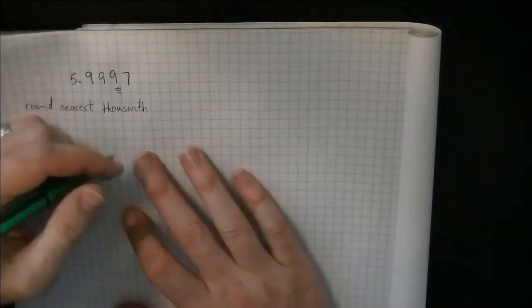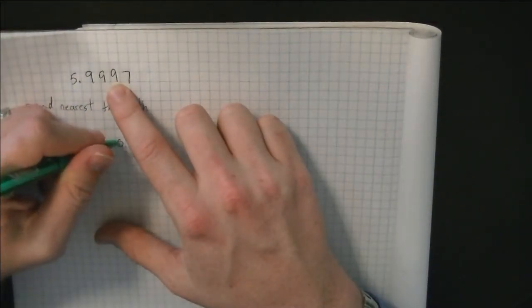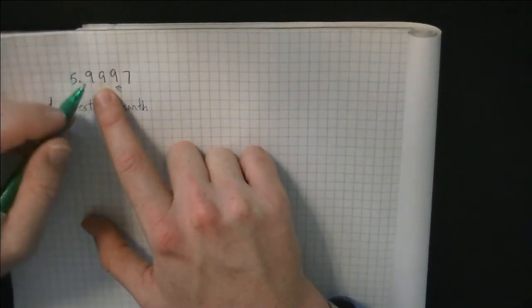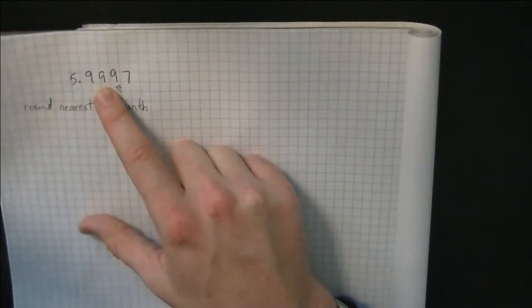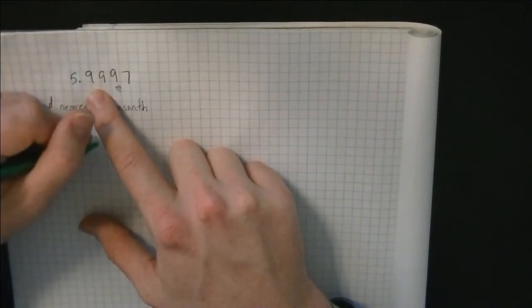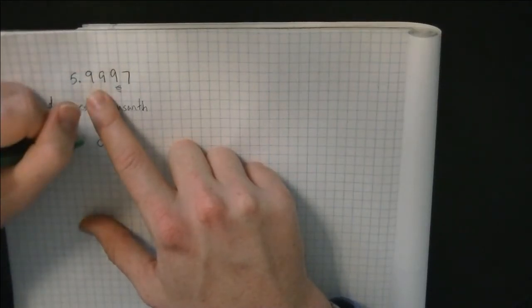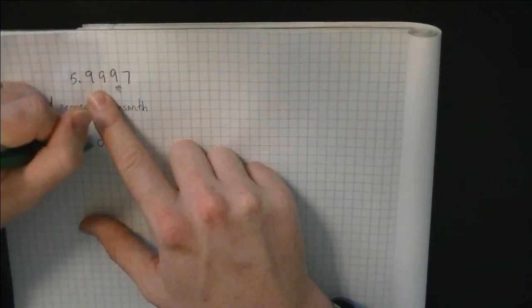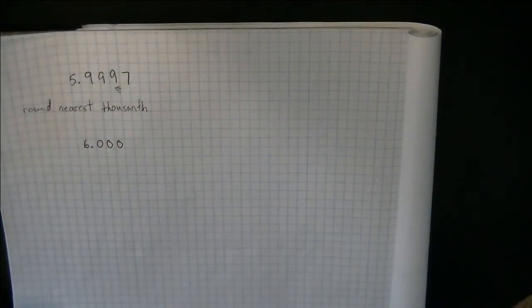So this rounds up to 10, which then the 1 carries over to this 9, which turns into a 10, which the 1 carries over and turns into a 10 again, and so 5 becomes a 6. So rounding this to the nearest thousandth ends up being 6.000.